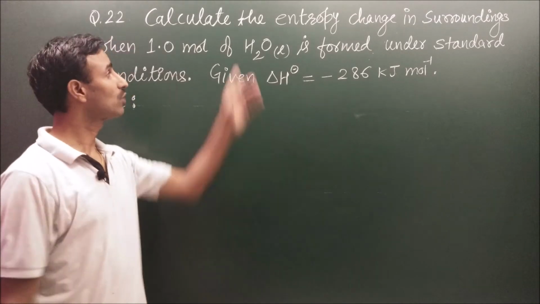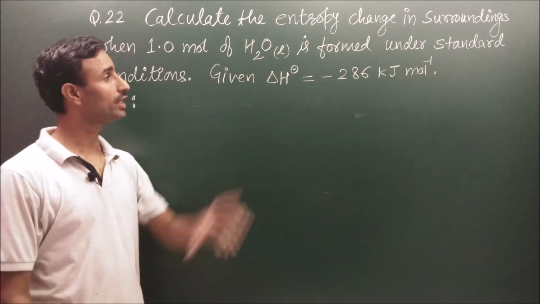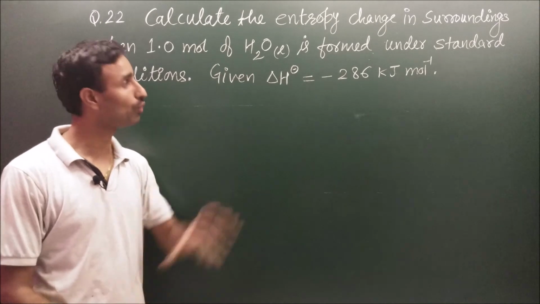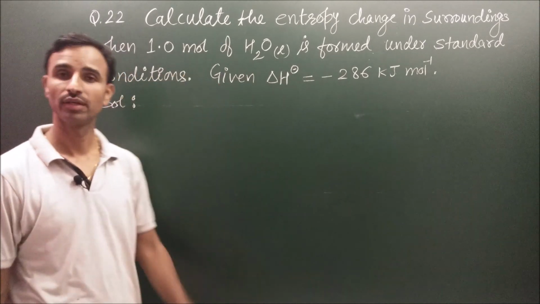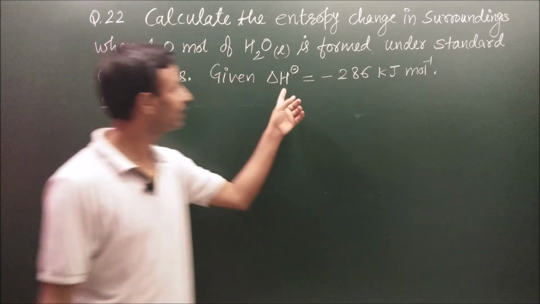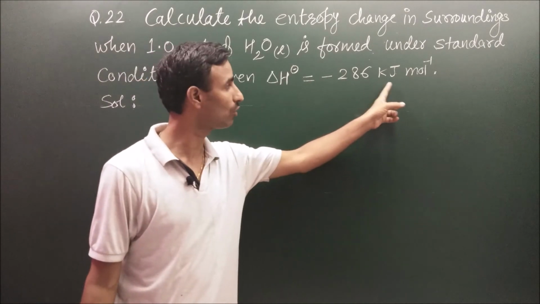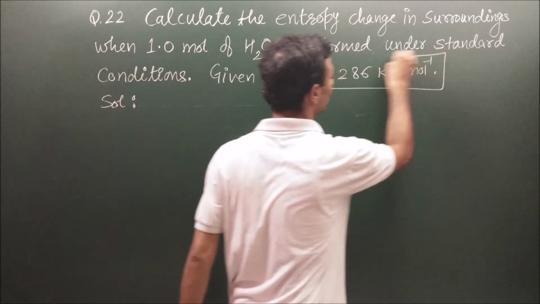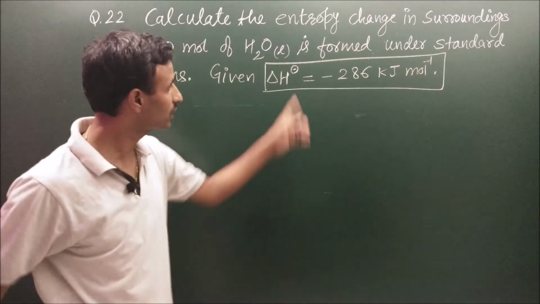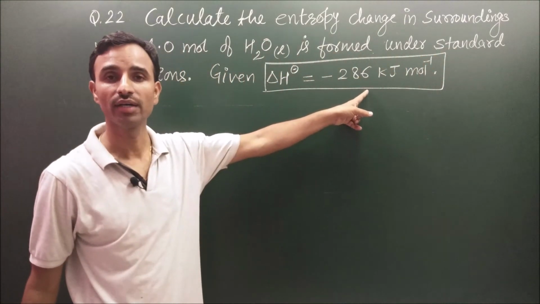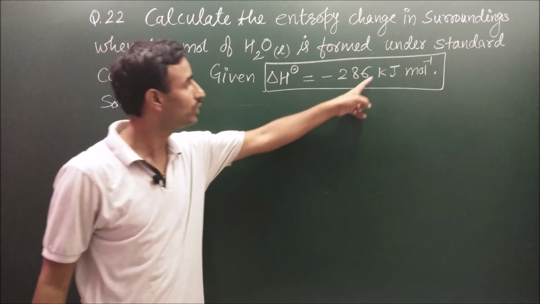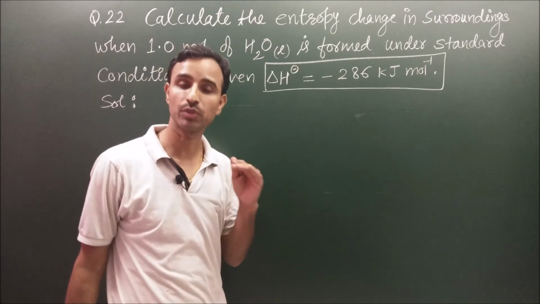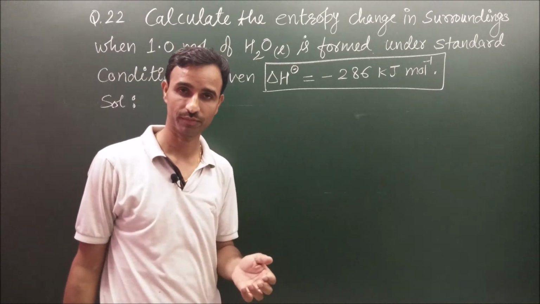Question is, calculate the entropy change in surroundings when 1 mole of H2O liquid is formed under standard conditions. So delta H naught is minus 286 kilojoule per mole. So this is the enthalpy of the system. This much heat is released by the system. So if this much heat is released by the system, how much heat is absorbed by the surrounding? Same.